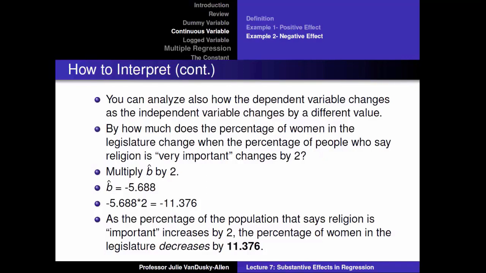Negative 5.688 times 2 is negative 11.376. Then you rewrite your template to indicate by how much the independent variable and dependent variable are changing. In this case, you would say, as the percentage of the population that says religion is very important increases by 2, the percentage of women in the legislature decreases by 11.376.